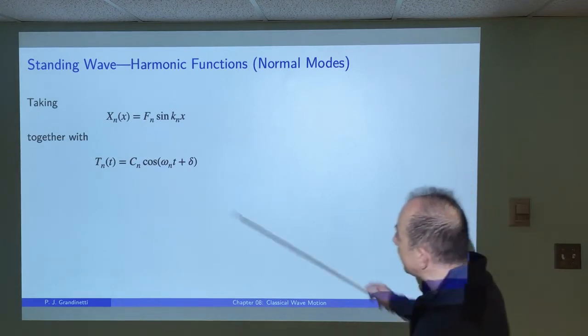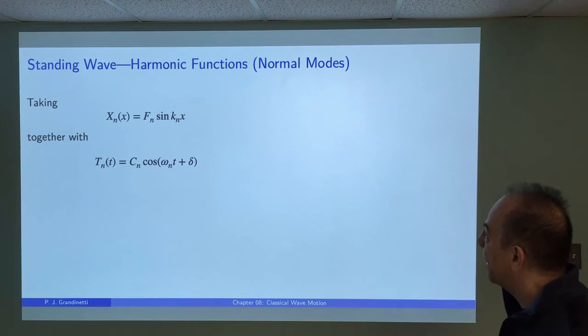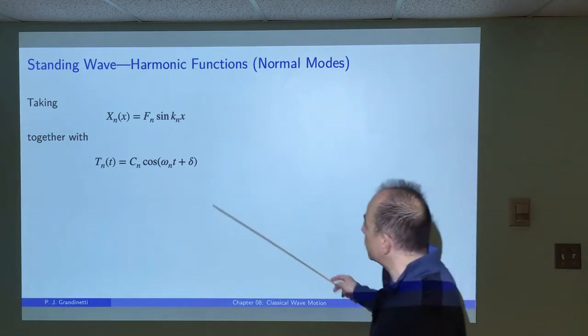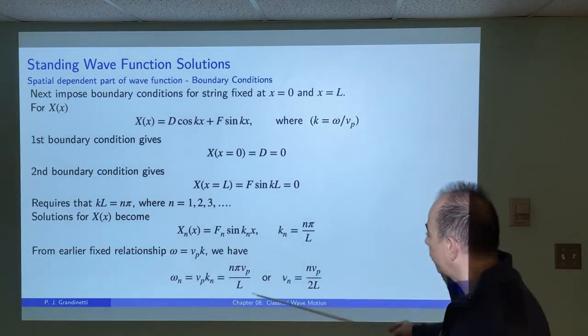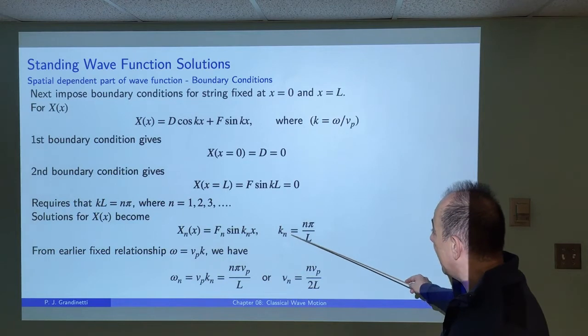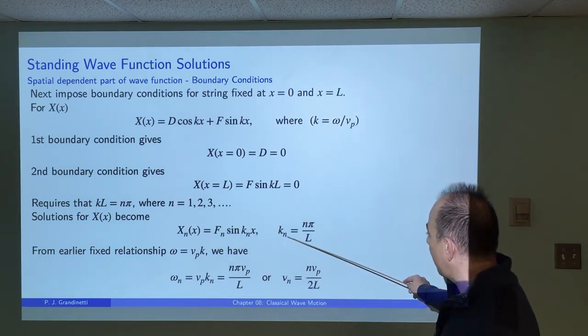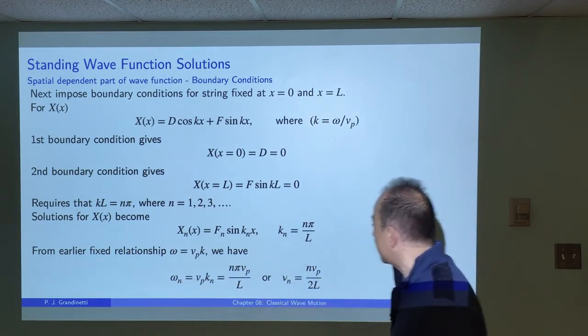So now we're going to take the spatial dependent part, the x dependent part, with the time-dependent solution that we found earlier. I'll go back to the previous slide: our omegas are also going to be indexed by n. Because k depends upon n, and omega depends on k, omega now depends upon n.